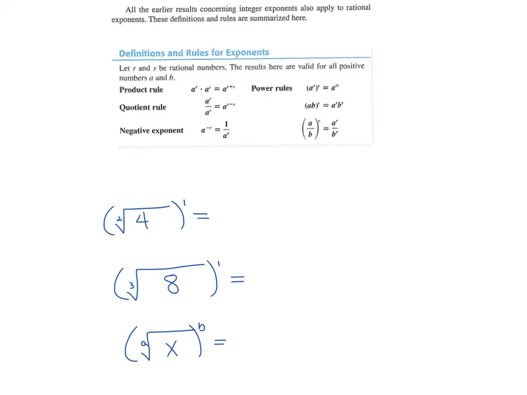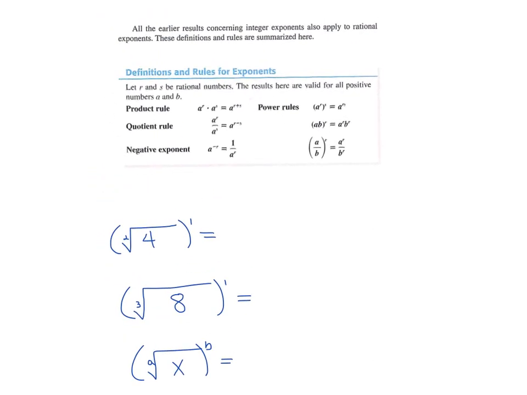And for the quotient rule, you subtract the exponents. Remember, when you have a negative exponent, it turns it into a fraction. It does not make it a negative expression. And if you have a fraction raised to a power, that power distributes to both the numerator and the denominator.